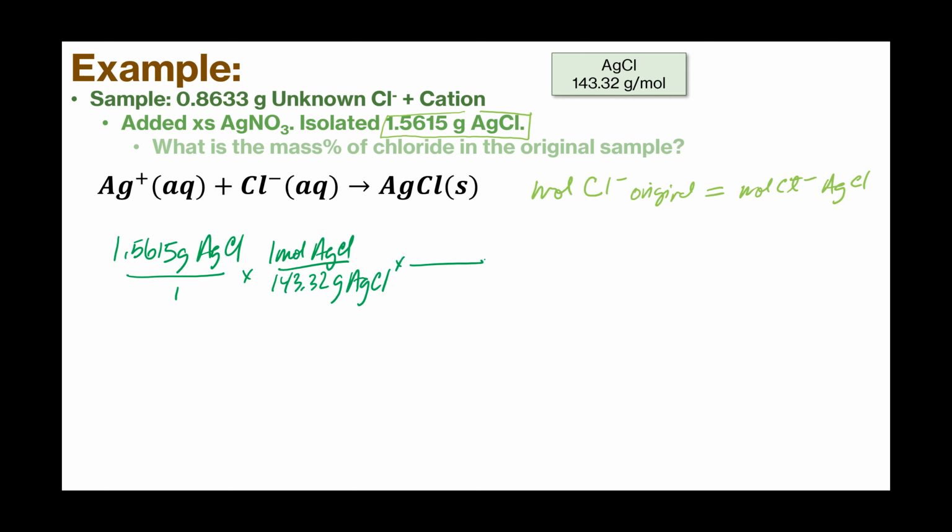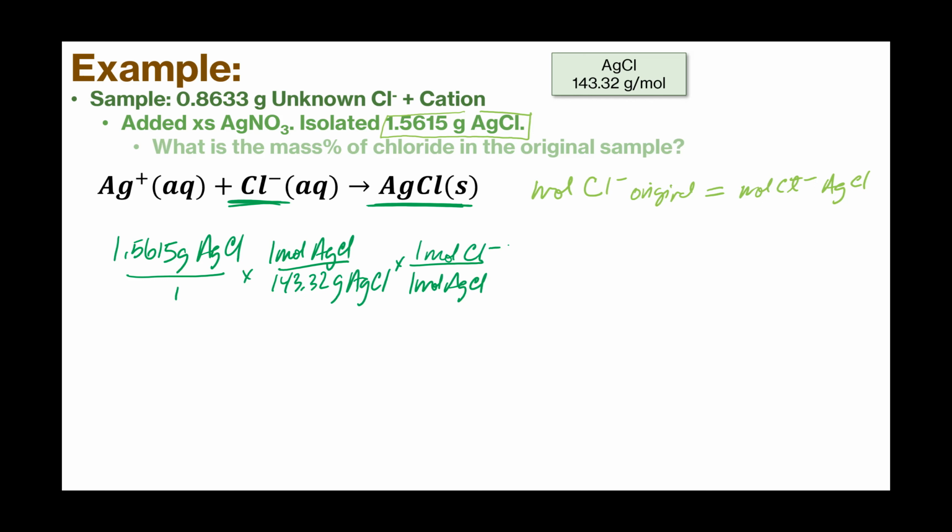Notice we're putting units and formulas on every step here. I've given us an ionic equation so we can see this, but 1 mole of silver chloride contains 1 mole of chloride, right?